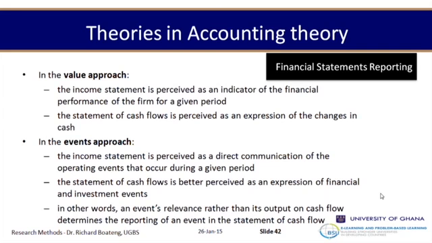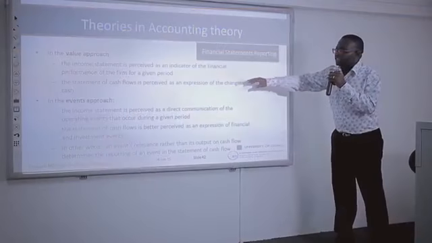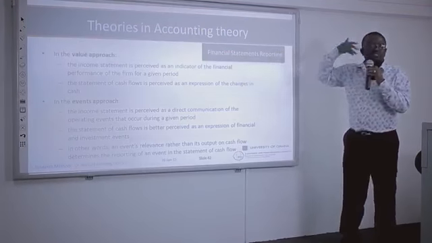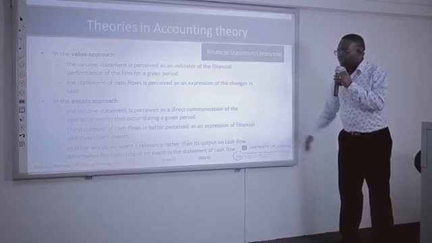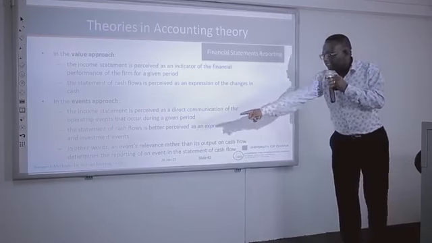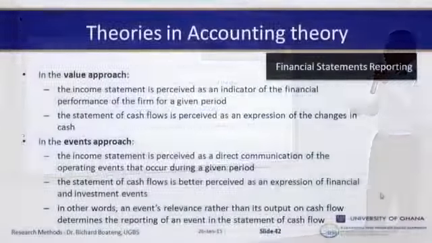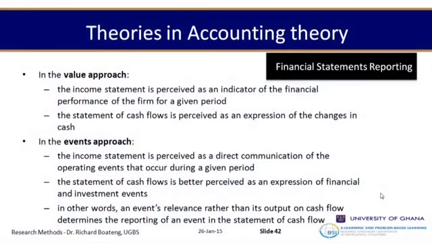So these are different approaches too, and it means that in evaluating or doing your financial statements reporting, a person from a value approach may have a different view than a person from an events approach. In other words, an event's relevance rather than its output on cash flow determines reporting of an event in the statement of cash flow for an events approach.